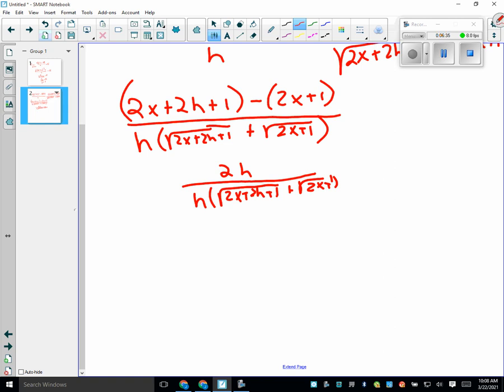What happens to the h? It gets canceled out. So now on top I have a 2. What is h? 0. So I think on bottom I have this. Don't I?